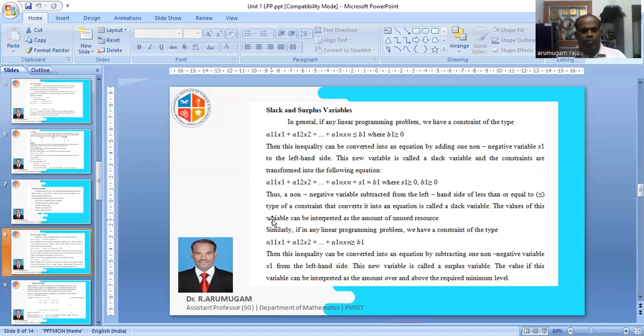And also suppose you have an equal to type, here you should use only an artificial variable. So we have these definitions for the slack variable, surplus variable, and also the artificial variable.